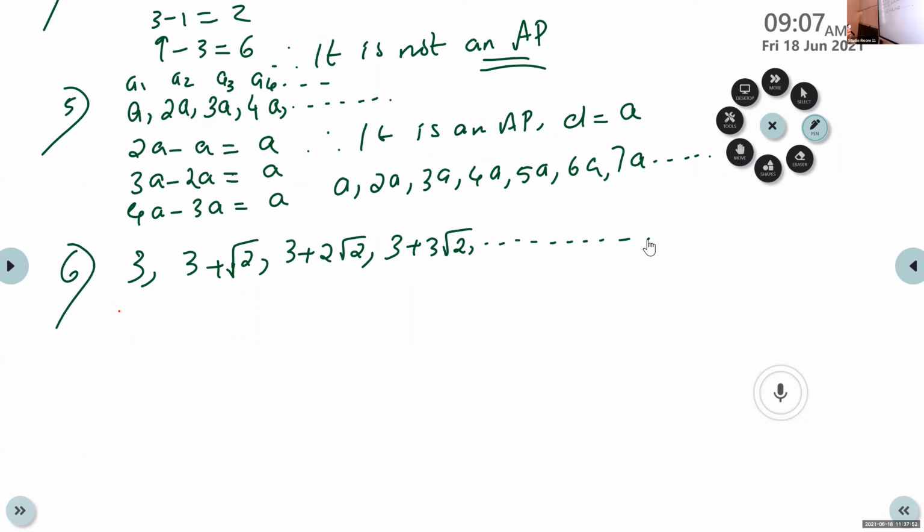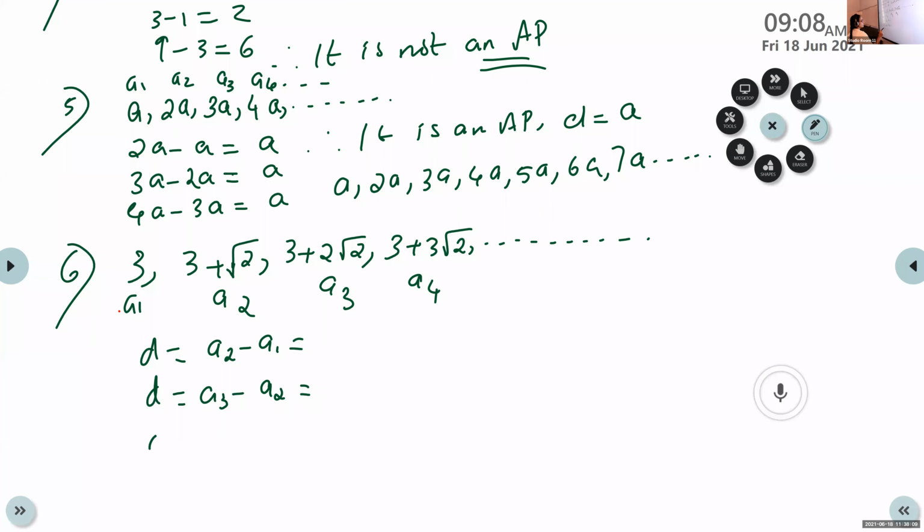All of you try. Actually, this is our A1, this is A2, A3, A4. Okay, all of you find A2 minus A1, A3 minus A2, A4 minus A3.